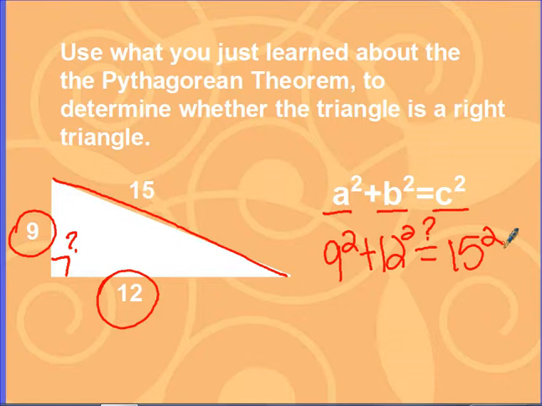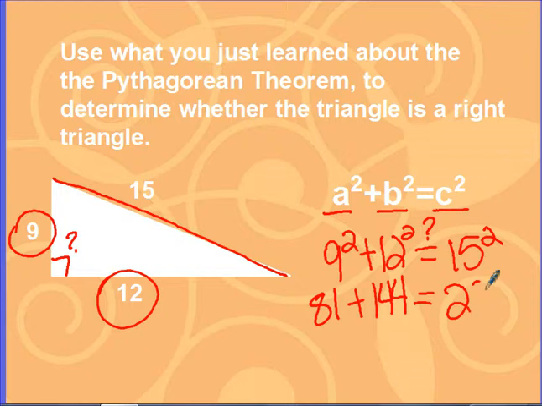Let's try it. 9 squared is 81. 12 squared is 144. And 15 squared is 225. So I'm questioning, does 81 plus 144 equal 225?